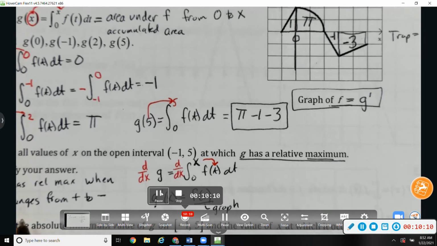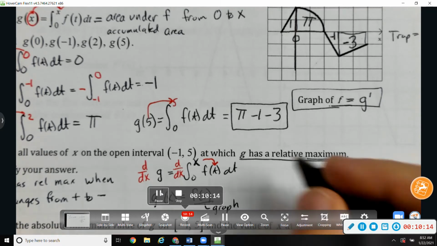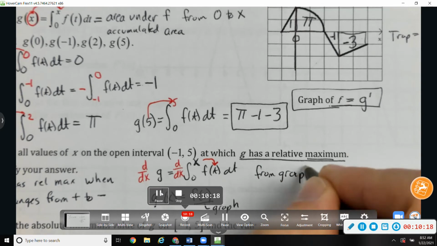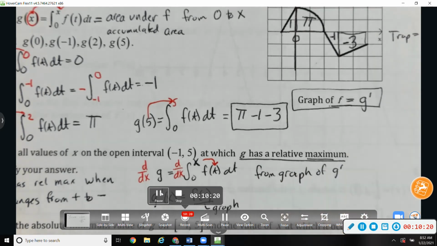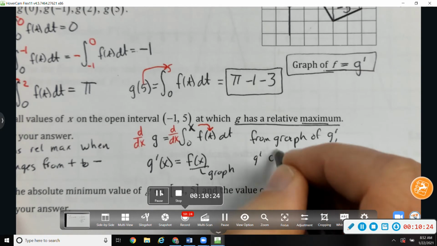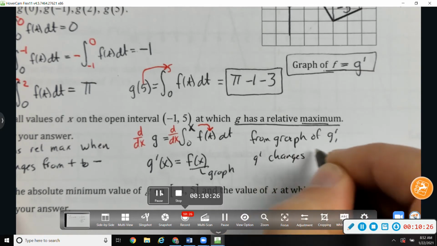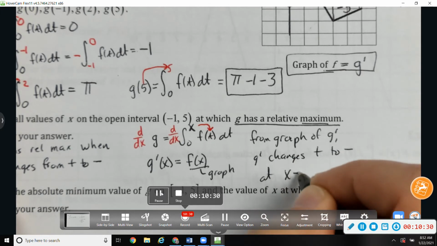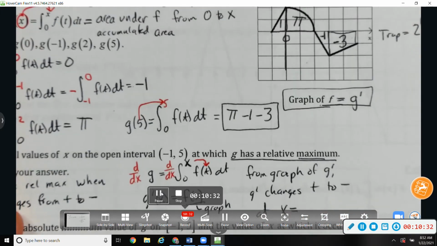So I want to know where g prime changes from positive to negative. From the graph of g prime, it changes from positive to negative at x equals 2.